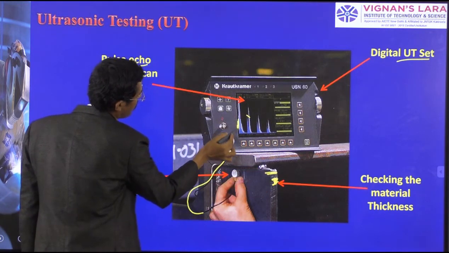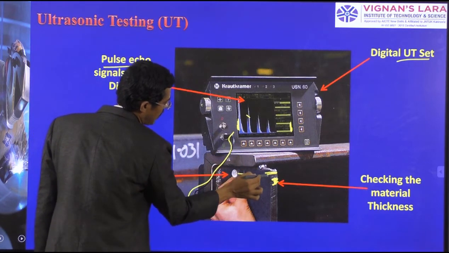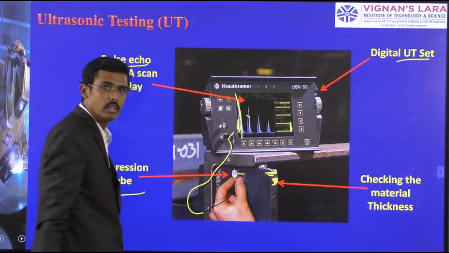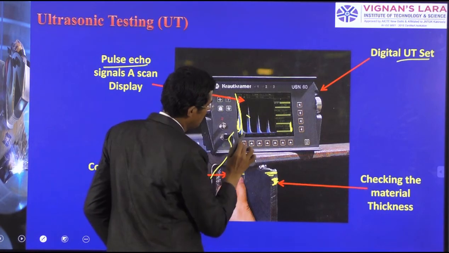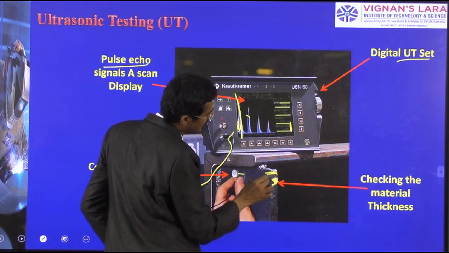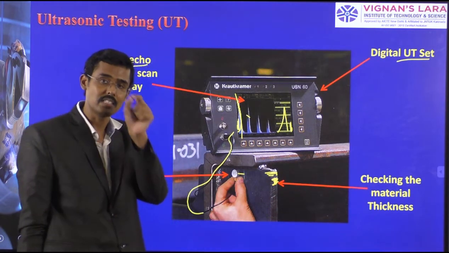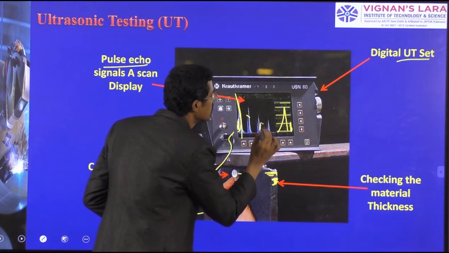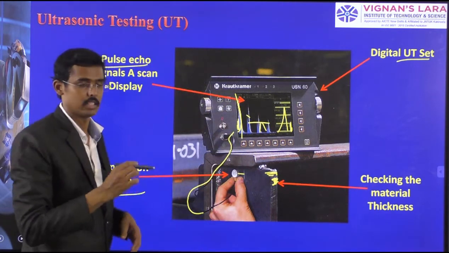This is the starting point of the thickness, and this is the ending point. When the wave passes, starting here it gives one pulse, and this screen represents the thickness. When it reaches the other point, another peak pulse comes. In between, if there is a defect, one more pulse will start. That we identify as a defect.